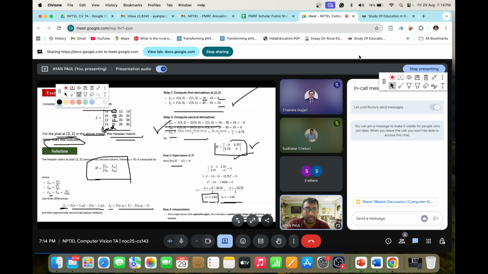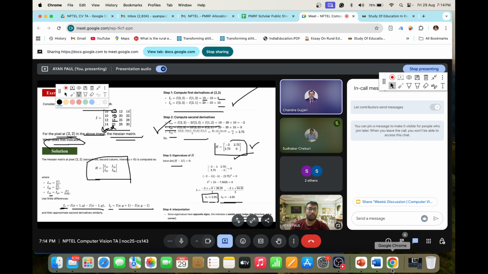Similarly you can find the others like 2 comma 3 and 2 comma 1. The first index is the row and the second index is the column, so 3 comma 2 means third row, second column. Clear, right?